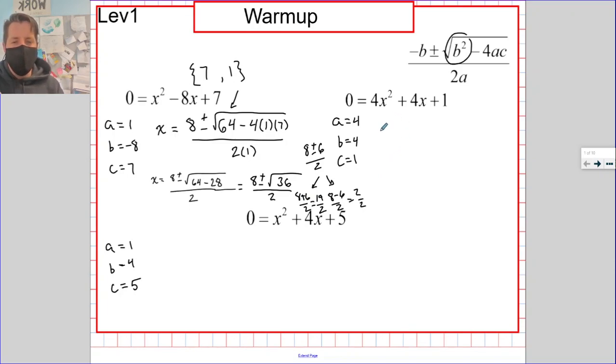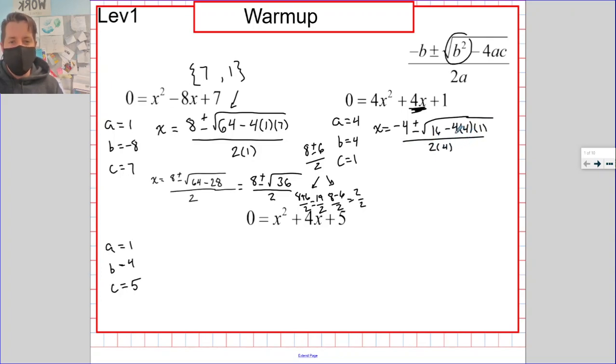On the next one, when I go to fill it in, I've got x equals the opposite of 4, that's this 4 right here, plus or minus the square root of 16 minus 4 times a, which is 4, times c, all over 2 times a.